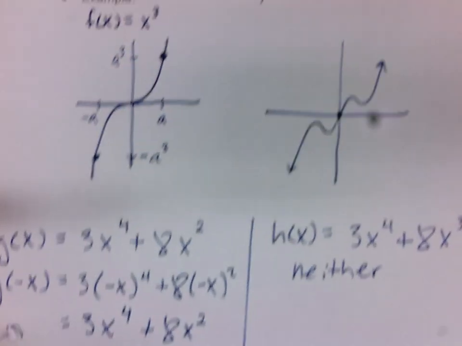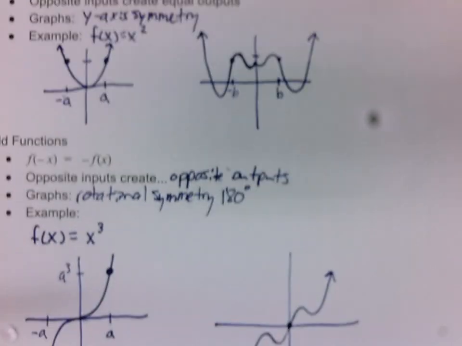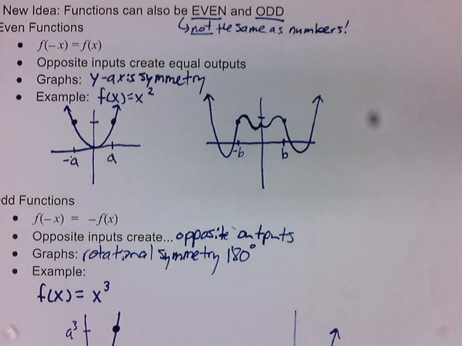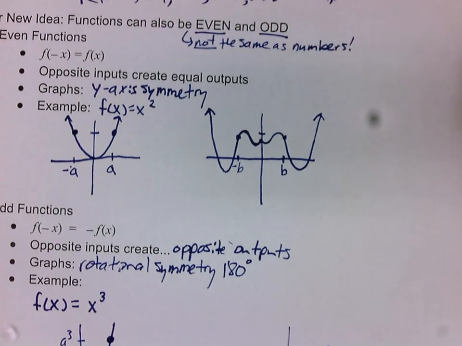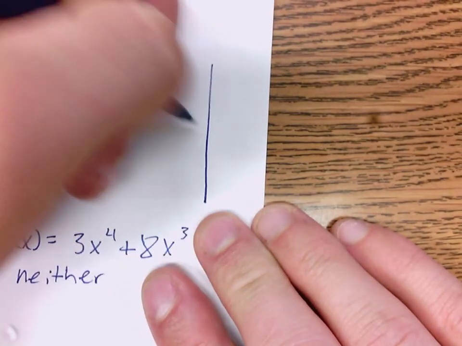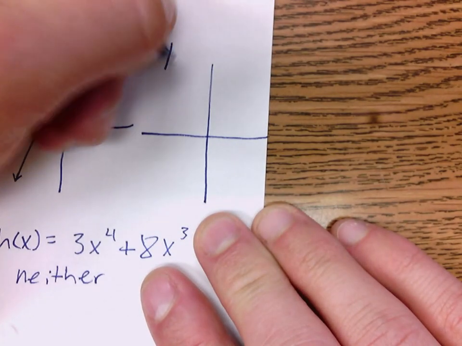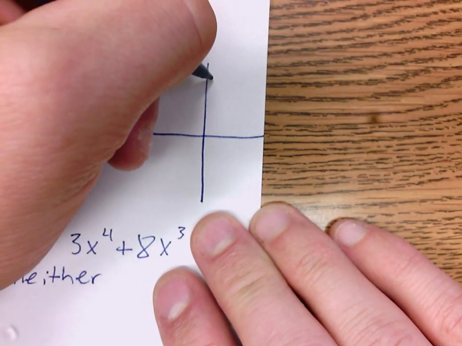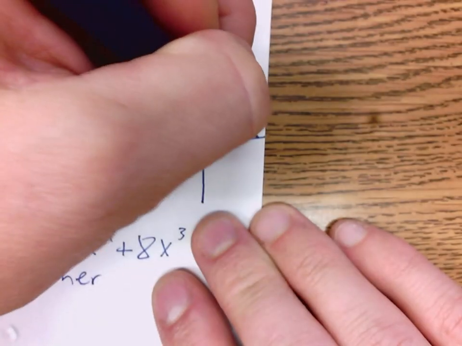Now, most of what we've studied so far have been polynomials, but there are a lot of other graphs that can also be said to be even or odd. In fact, if you look back at the list of basic graphs that we studied, there is another odd function of interest that we could put in our list, and the one I'm thinking of is y equals 1 over x, because if you remember, it has these two branches like this.